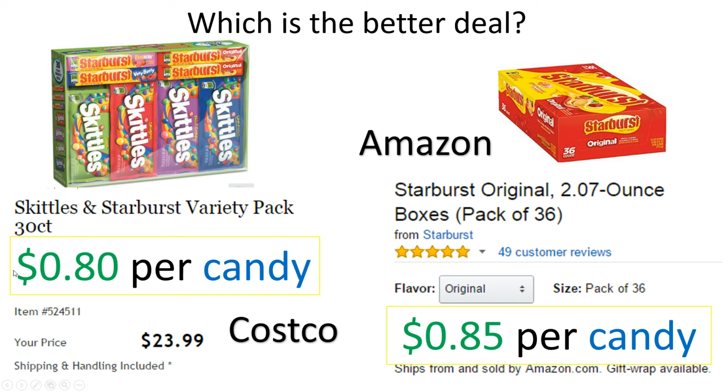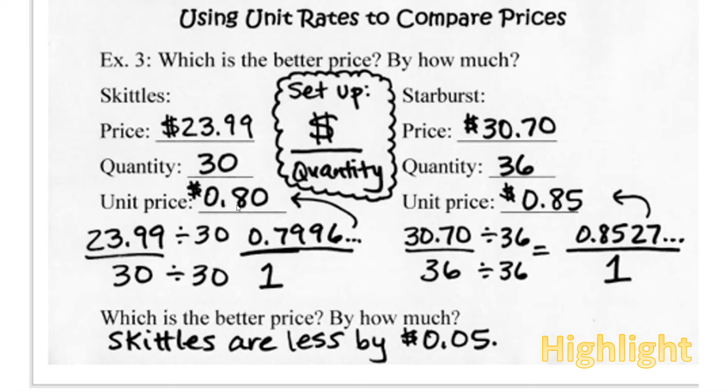Therefore, the better deal, if you're just looking at the price per unit, is the Costco pack. And how much better? Well, the Skittles are less by 5 cents, and this should really say per candy or per item, because it's not just 5 cents comparing these two, it's per item.